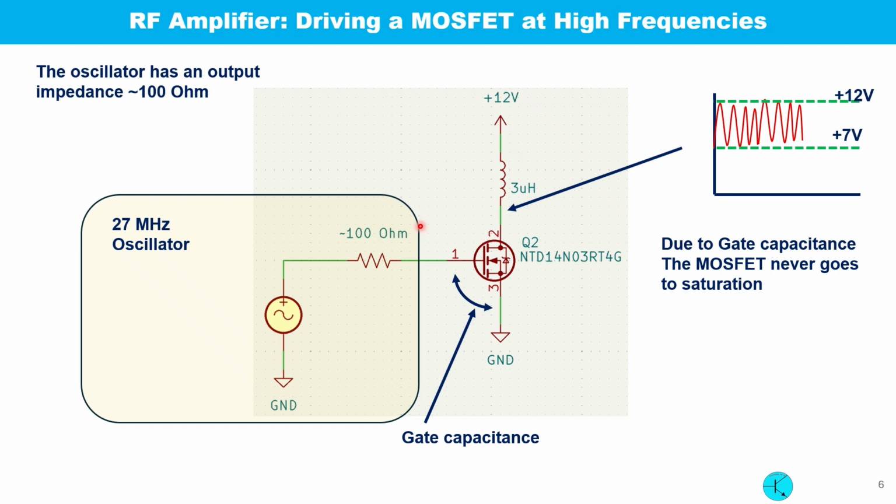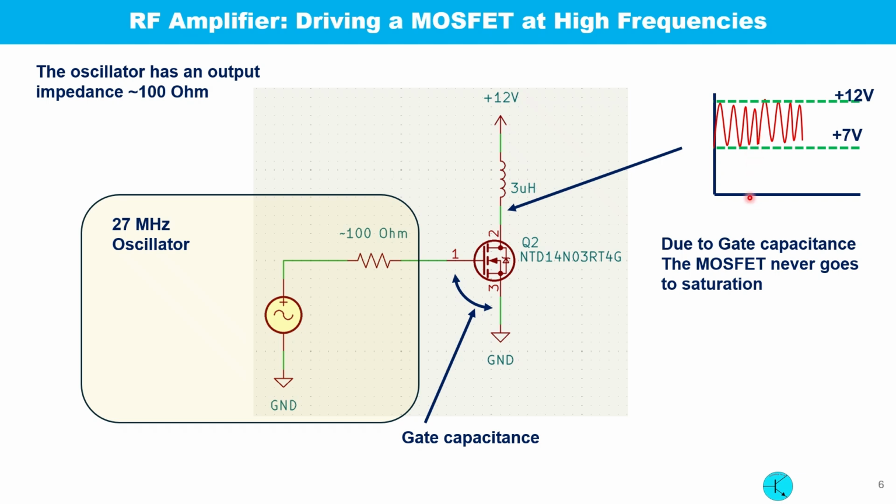The oscillator circuit that I built has an output impedance of approximately 100 ohm. If this is fed into the gate of the MOSFET that I chose, the output signal will run from 7 volt to 12 volt. Due to the gate capacitance, the MOSFET output never goes to zero.